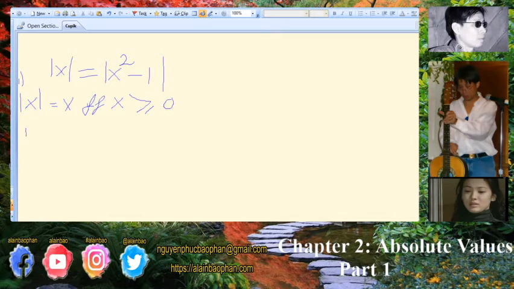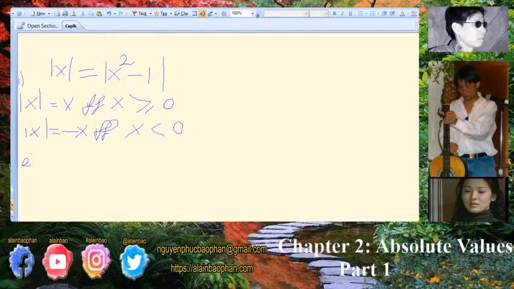And absolute of x equals minus x if x is less than 0.